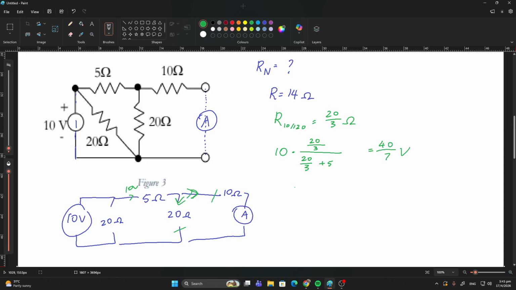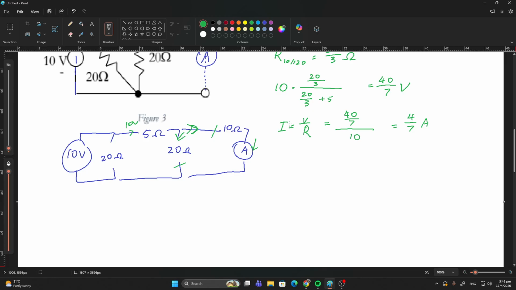So the current that my ammeter will be reading is just V over R, which is the 40 over 7 divided by the R, which is 10, and that will give me 4 over 7 amperes. And this is my IN.